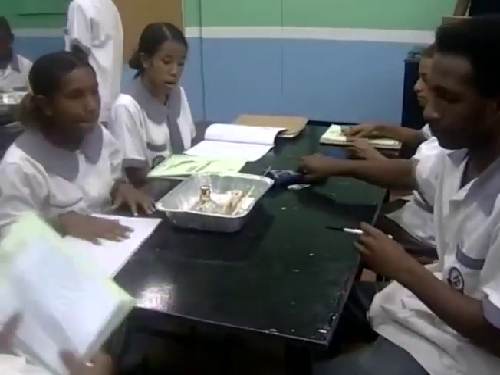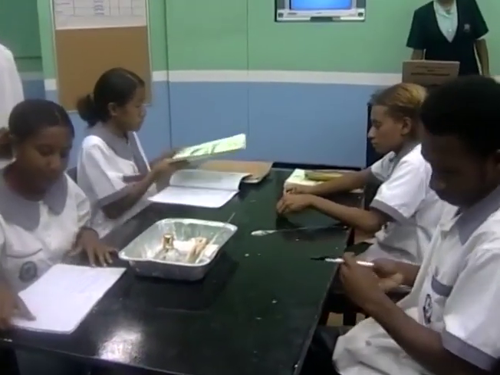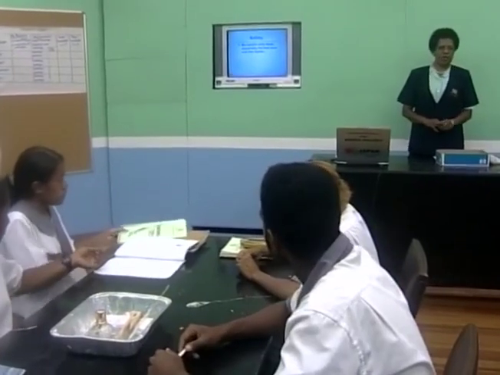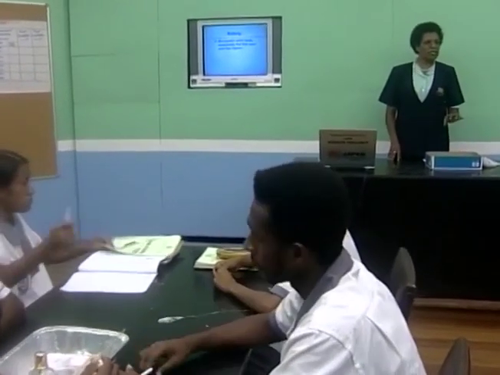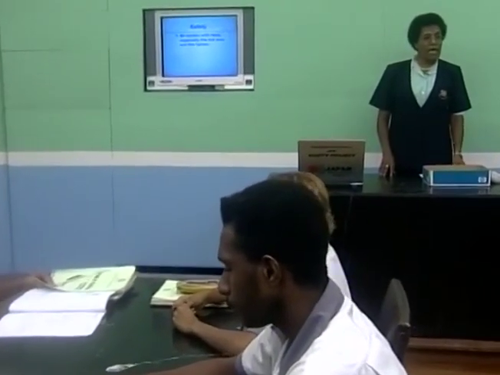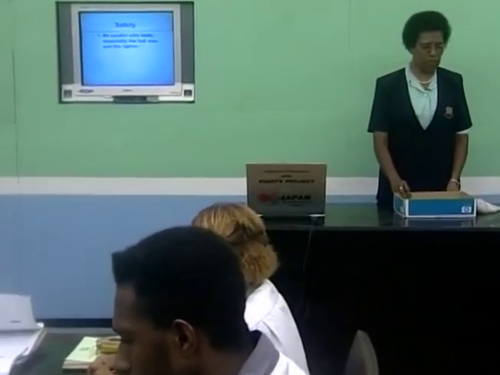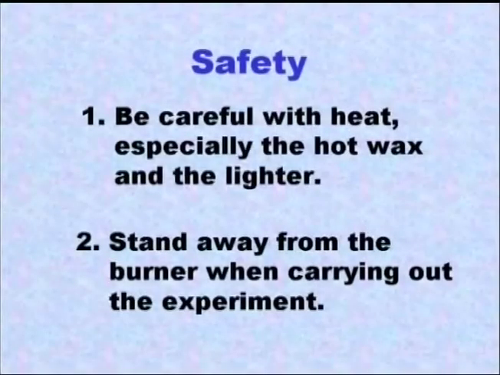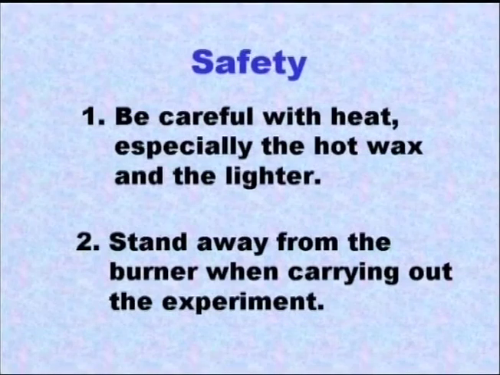Now, before we go to our experiment, I'd like us to have a look at our safety rules, what we must take care of. There is some apparatus or equipment that you are going to use which is harmful. It can harm you, so we have to look at our safety rules before we go on. The first one, you have to be careful with heat, as you are going to be working with heat, and especially wax.